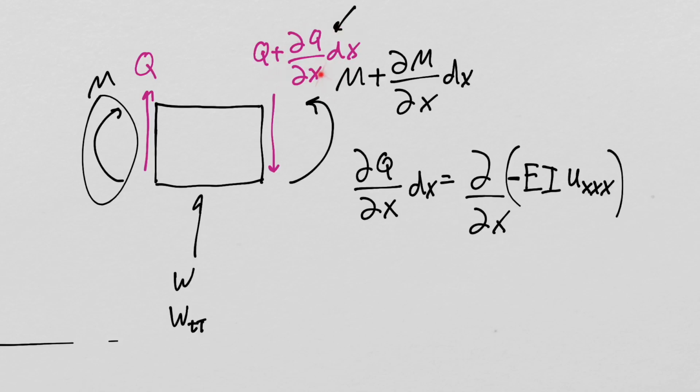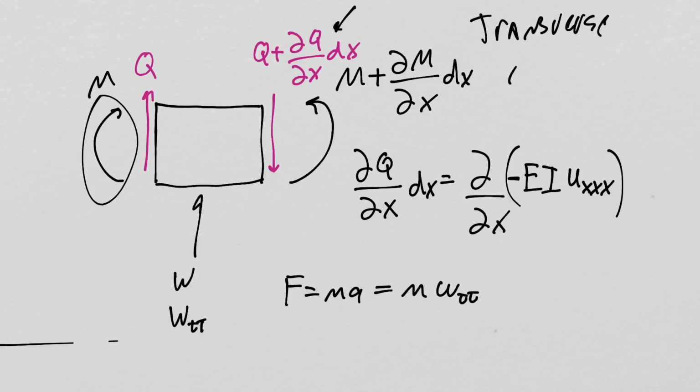So this piece here is the unbalanced force. So force equals mass times acceleration, right? So that equals mass times W_tt, because we're still assuming that all the acceleration is up and down. That's transverse vibrations only, transverse modes, right? There's no longitudinal movement like that. That doesn't exist.